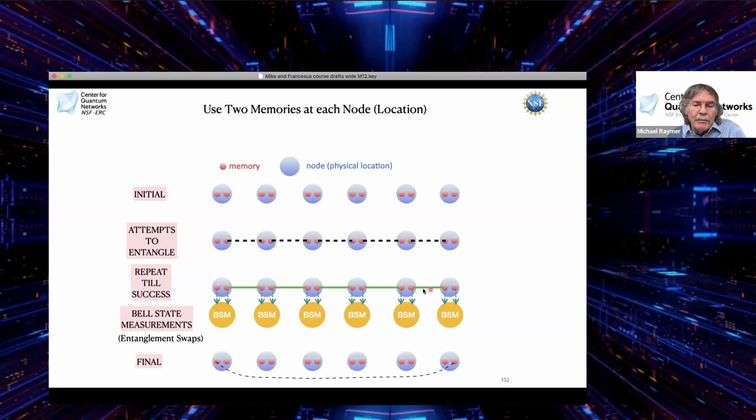Everybody in the middle sacrificed both of their atoms, so destroyed their states. But Alice kept one and Bob kept one, and therefore Alice's atom is now entangled with Bob's atom, which again is very cool because those atoms were never in physical contact. They're only in informational contact.